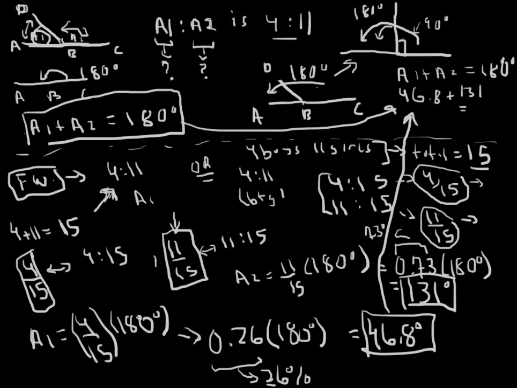What does that give us? 177.8 degrees, which is almost 180 degrees. And it's only because of the rounding error that we included. This wasn't really 0.26, it was 0.266666, but we just kept it as 0.26.